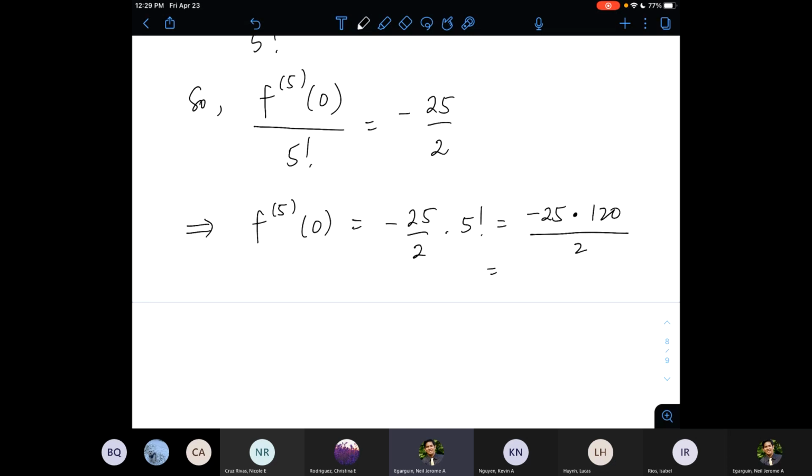So this would be 60 times negative 25, whatever this number is. Hold on. What is this number? So 30, 12, 1500? Okay, great. Does that make sense? Okay, great.